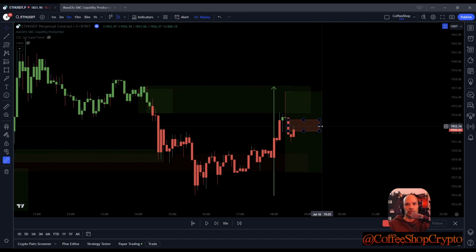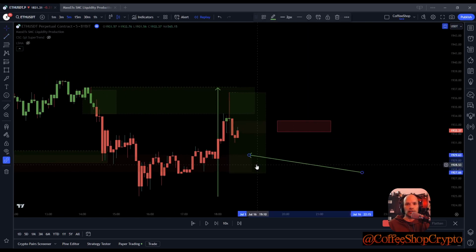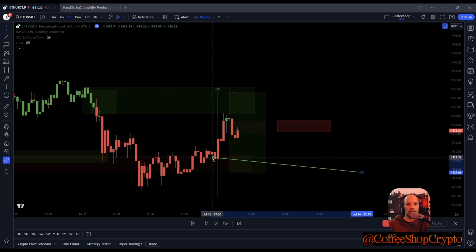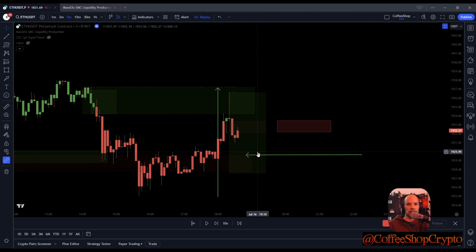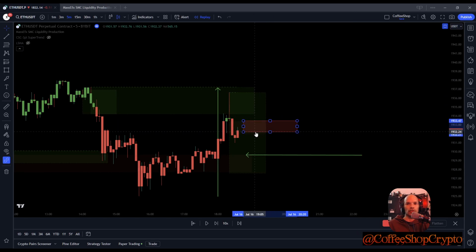There is support inside of this resistance area. See it here, and there's another one right there. A little faded, a little hard to see, but it's there. It's this preceding one. So that's telling me if I was going short, that's as far as I would go. And if I want to break long and short inside of this range, I need to avoid that area as long as it's there.